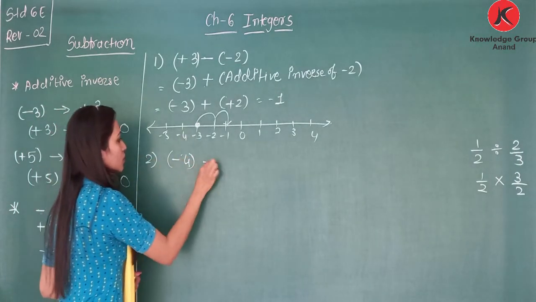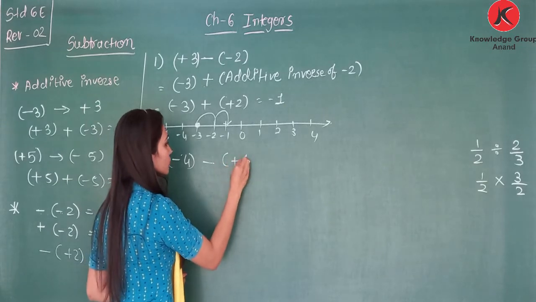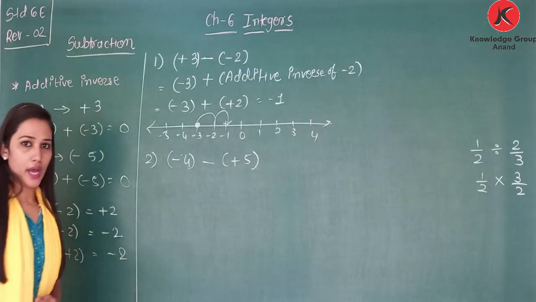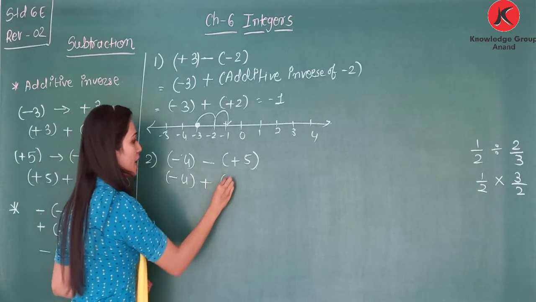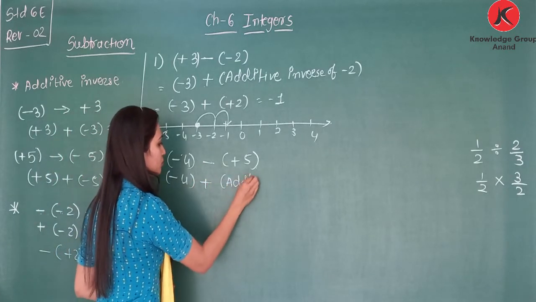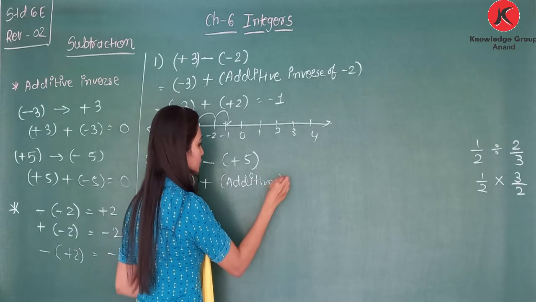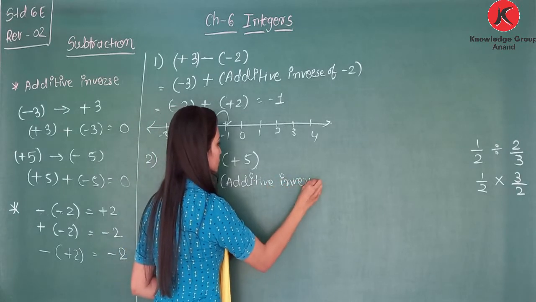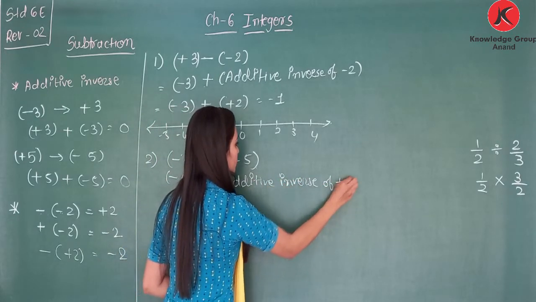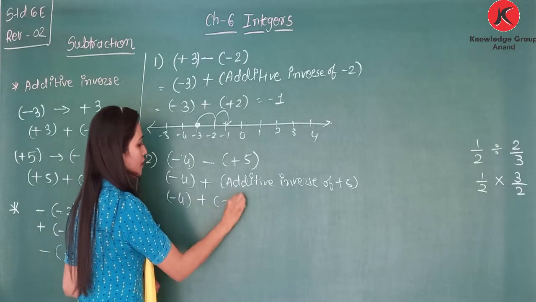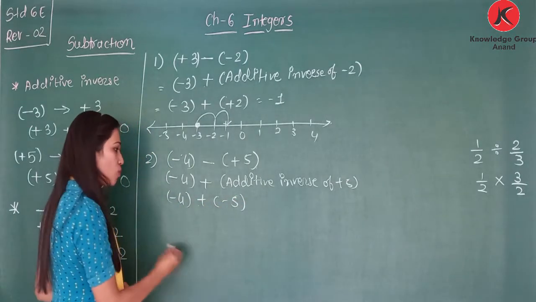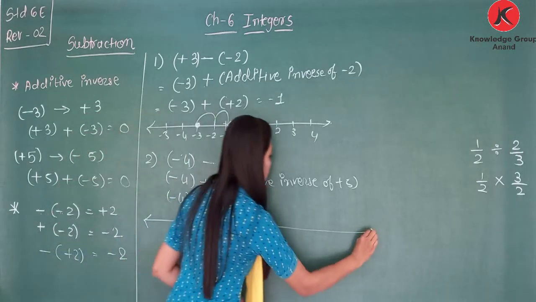Minus 4 minus plus 5. Now here, minus 4 plus the additive inverse of plus 5, so that will be minus 5. Add negative, so move left.